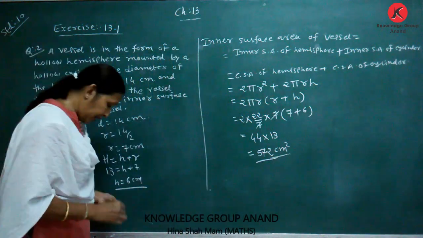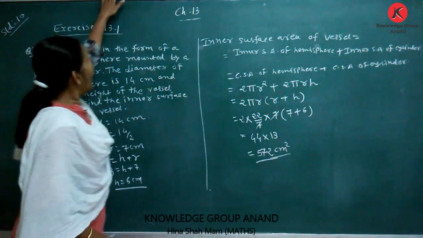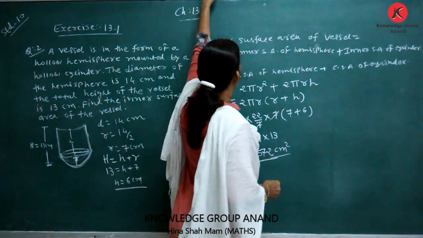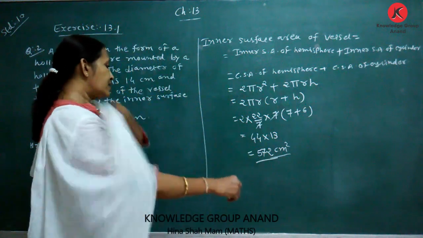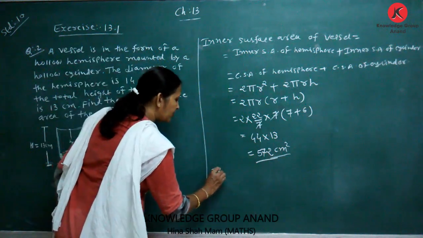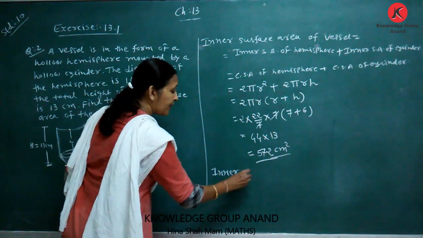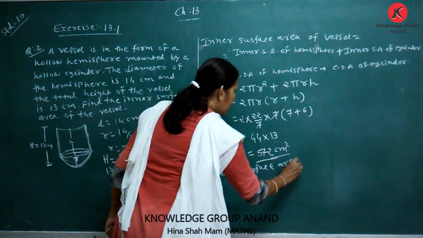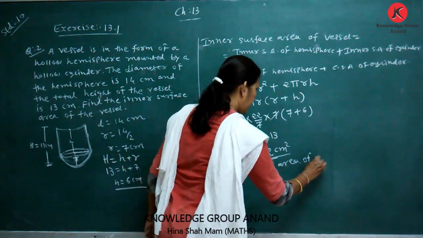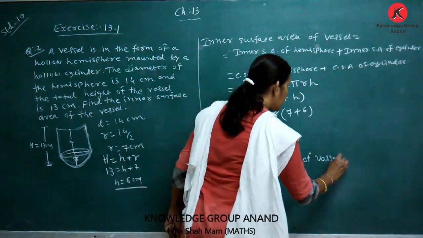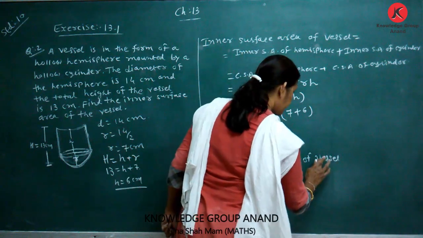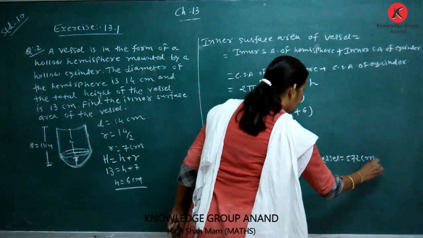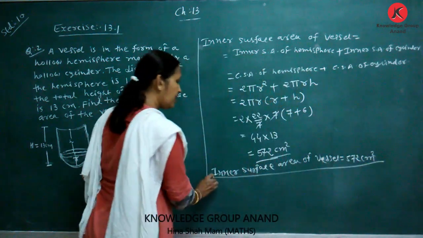Then we write the inner surface area of the vessel is equal to 572 centimeter square. It is our answer.